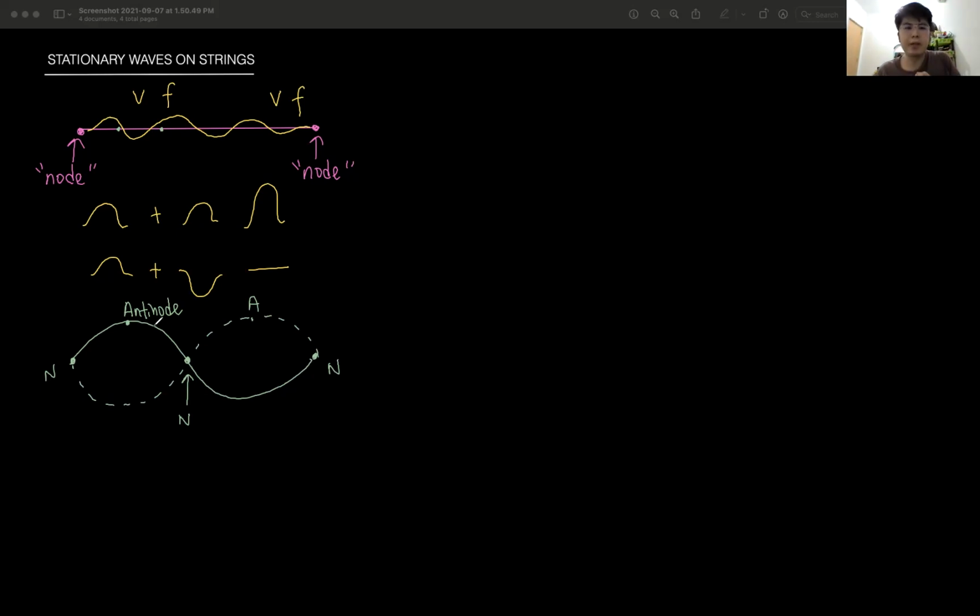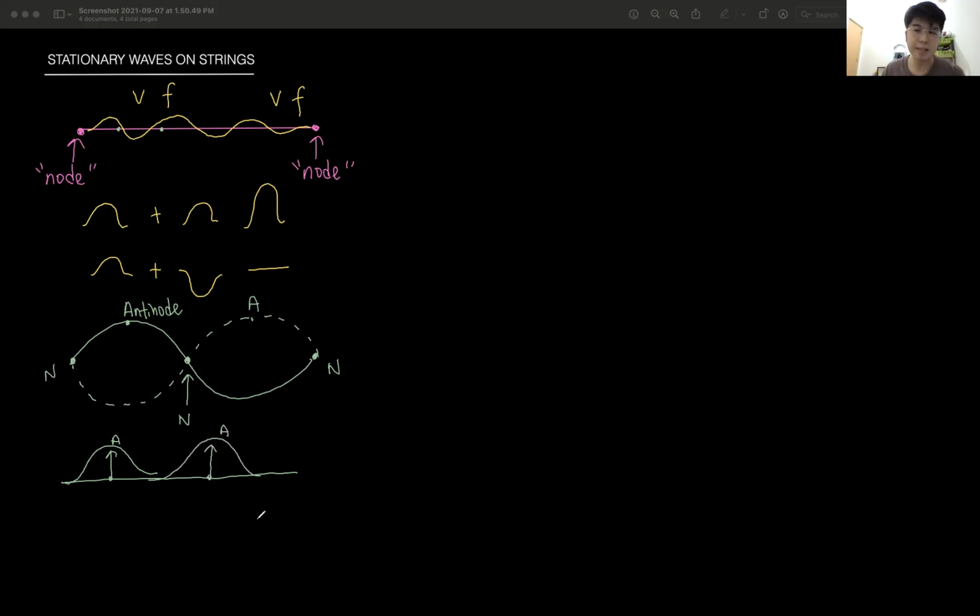What is the difference between a stationary wave and a progressive wave? In a progressive wave, every single particle gets to have the amplitude like this. Once the wave is here, this particle gains that amplitude. And as the wave travels to the right, this particle here now gains the amplitude.